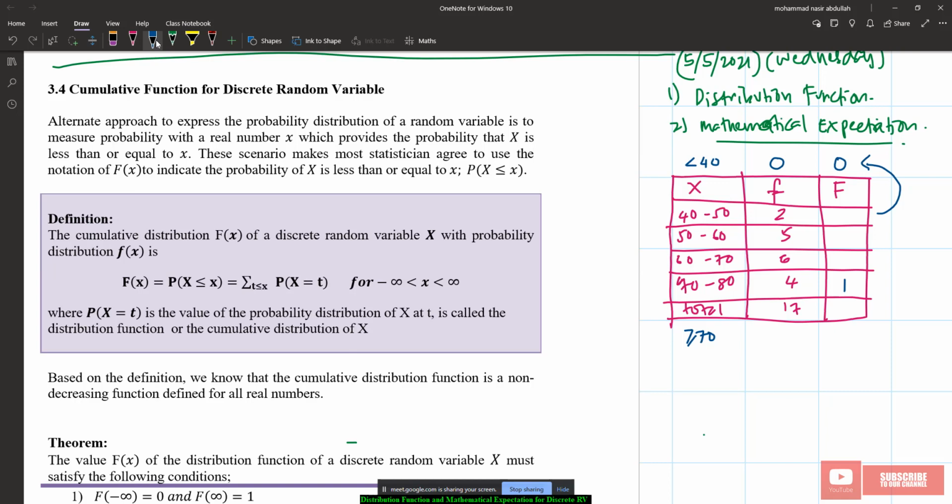So if you want to find the cumulative frequency for the first row, first class, 0 plus 2 equals 2.